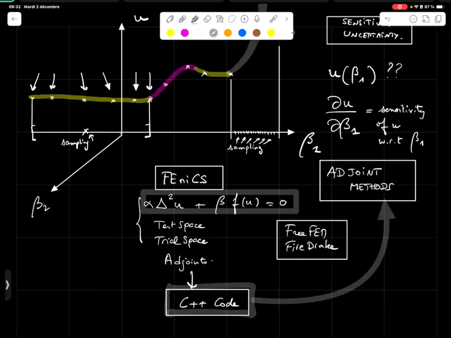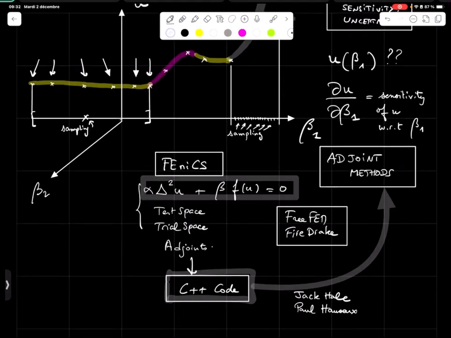But what's nice is that it gives you also the adjoints. So it allows you to compute the derivatives of the solution with respect to the parameters that you are interested in. And we did that in my team with quite a number of people. I can name a few. Jack Hale is the guy who is really behind everything that was ever done in my team, but also Paul Ozeux did a lot of work on uncertainty quantification for brain biomechanics.